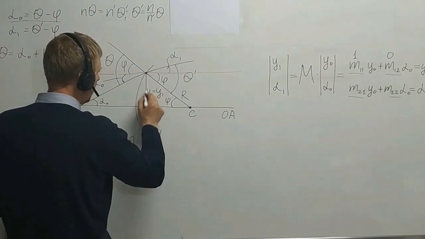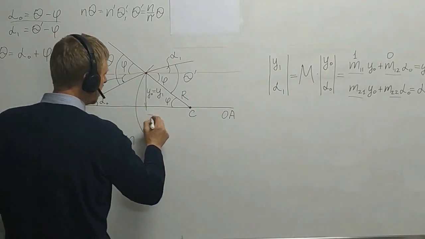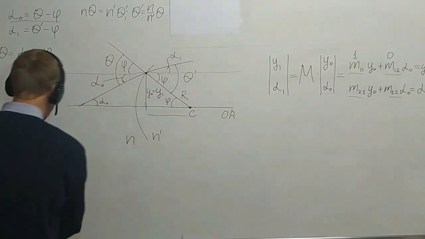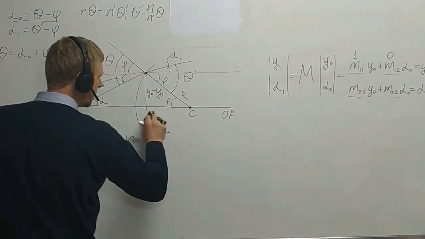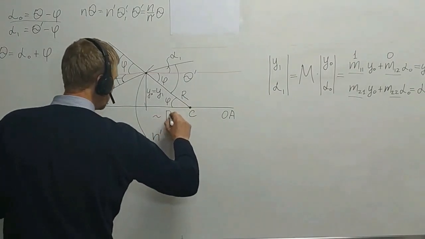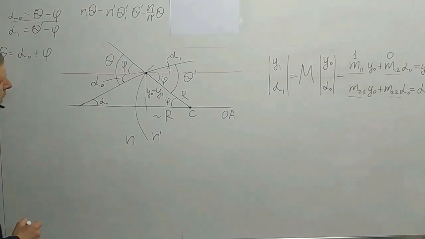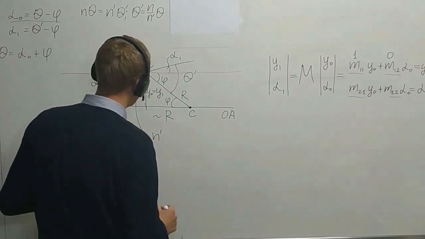So I have y0, and this side in paraxial approximation is approximately equal also to r.